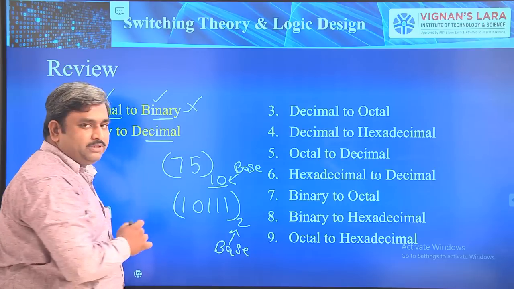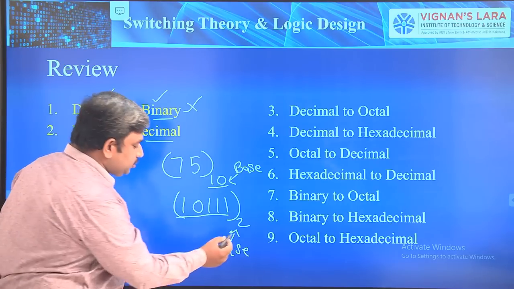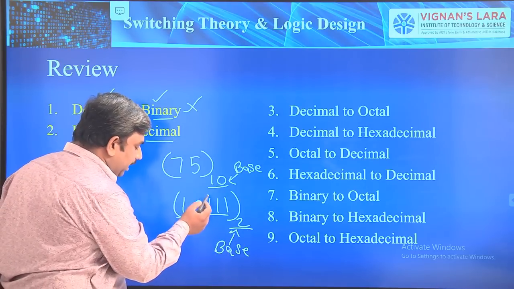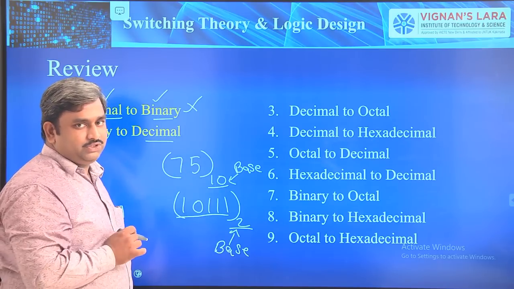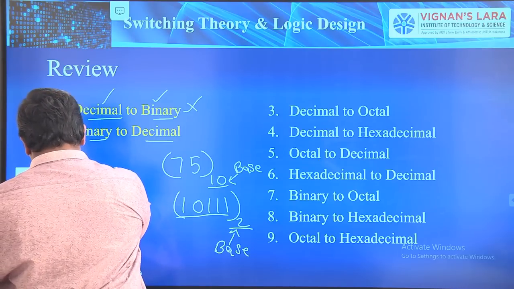In the binary number system we have only 2 digits, so for that reason we represent 2 as the base, and we have 0 and 1 only. So this is the binary number system and the decimal number system.